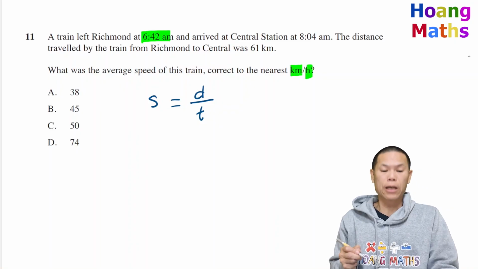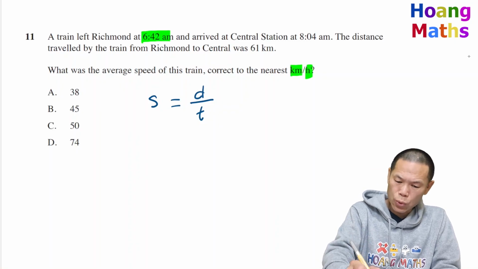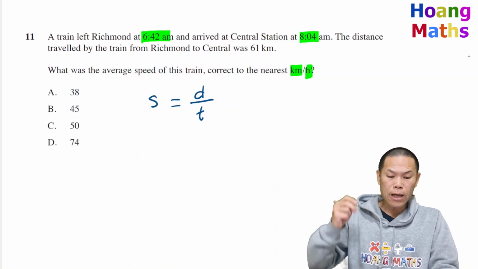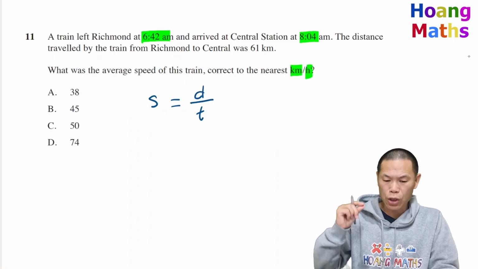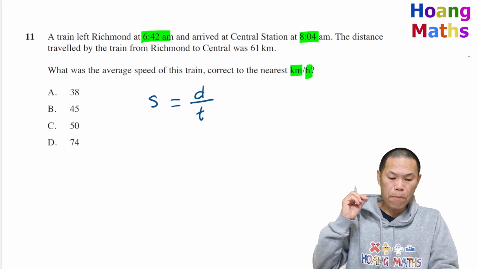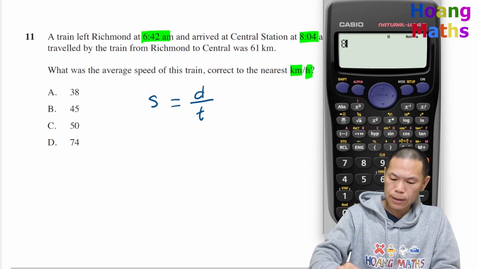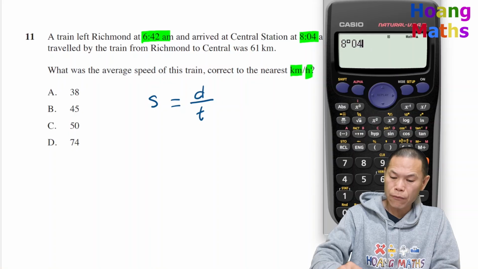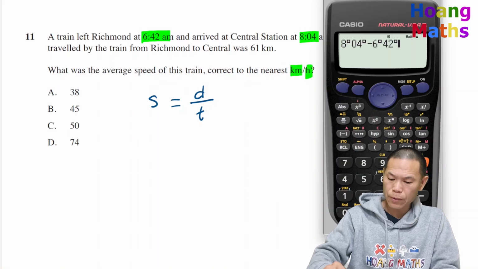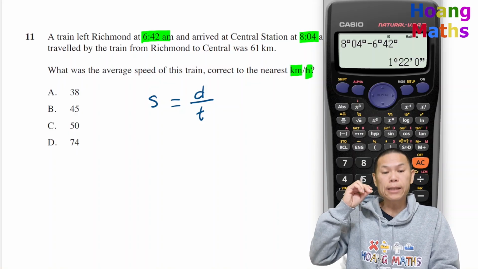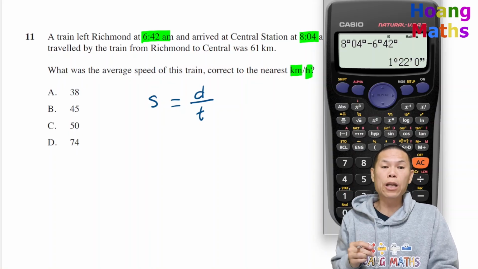So from 6:42 a.m. to 8:04 a.m., that is the traveling time. So we just go 8:04 minus 6:42. So just go 8 hours and 4 minutes minus 6 hours 42 minutes. So there you go. That is the time, and the distance is 61 kilometers.